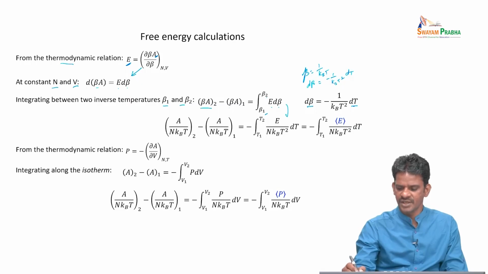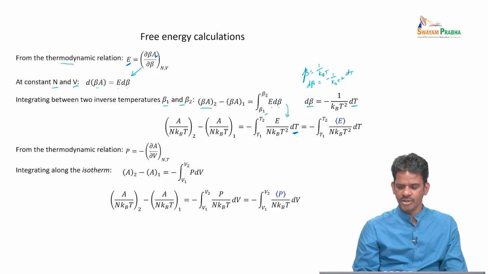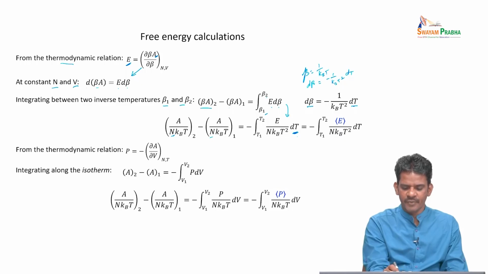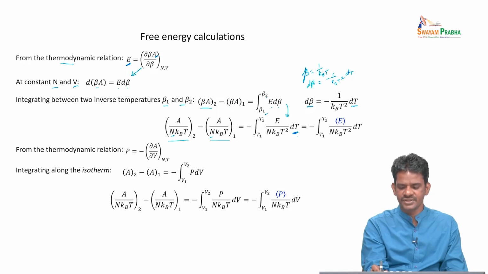So, this can be written in terms of dT on the left hand side, and you can also divide the entire expression with N, so that we can talk about energy per particle, and β is substituted as 1 by kBT here and here. So, we are talking about the difference in the Helmholtz free energy per particle between two states, two temperatures T1 and T2, and that should be equal to the integral from T1 to T2 of E by N kBT squared dT.